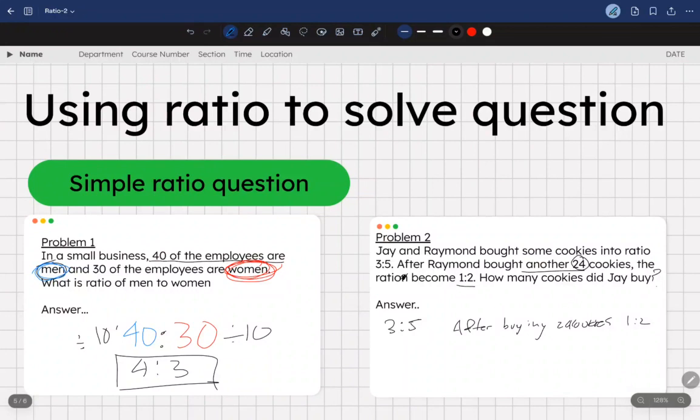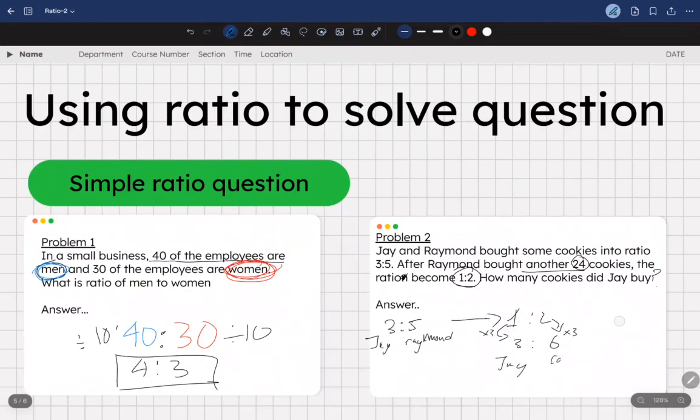Now the simple way to solve this question is by seeing it changed from 3 to 5 into 1 to 2. But what is 1 to 2? If we times 3 there and times 3 there, it becomes 3 to 6.